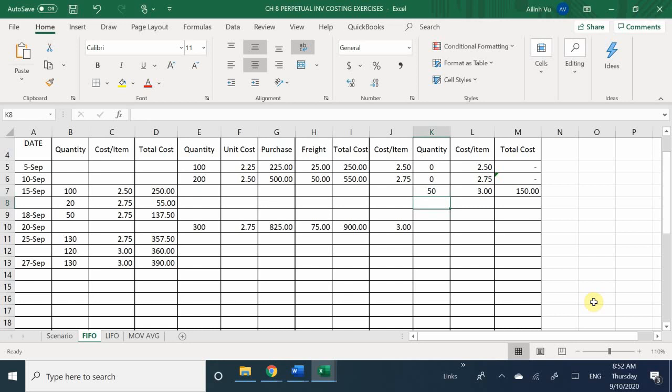If you don't, you might want to check your work. But that should be correct. It should be $3 and it should be 50 items.